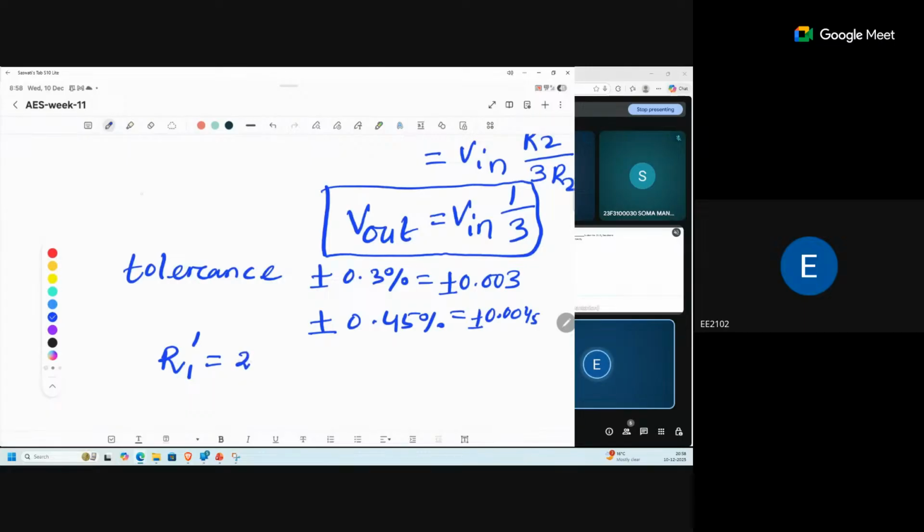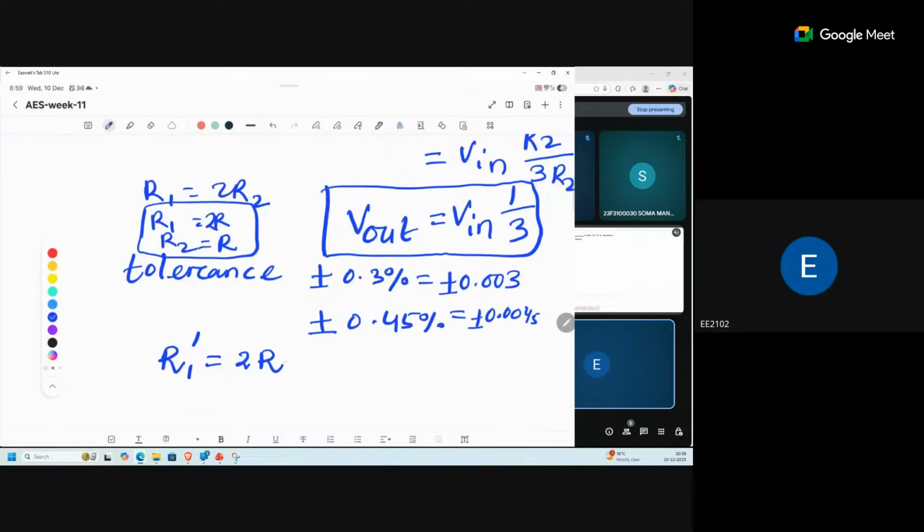You are saying R1 equals 2R2. I can take R2 equal to R, so with the same value it is easy to calculate. Then R1 will be 2R, right? Yes, ma'am. So R1 equals 2R2, and I am writing 2R.